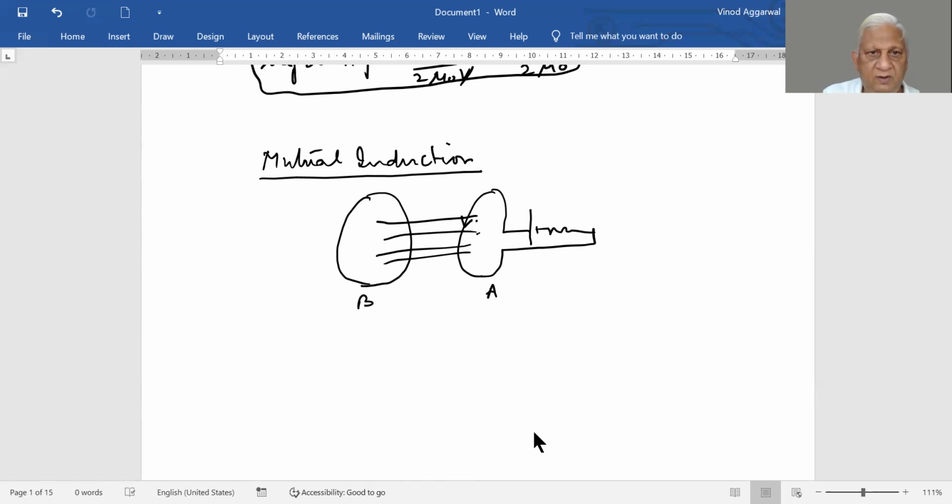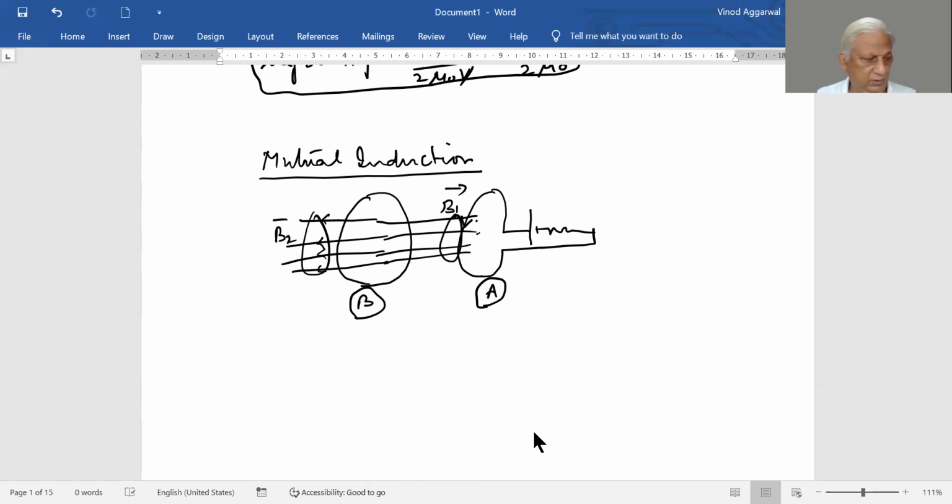Now this magnetic field will cross through another coil which is kept near it. You can say this is B1, this could be B2. This will be the magnetic field on account of coil A.